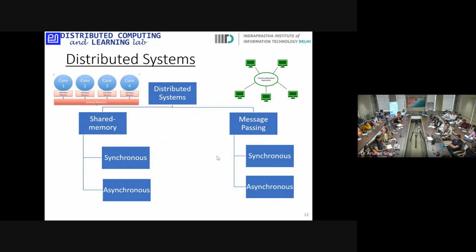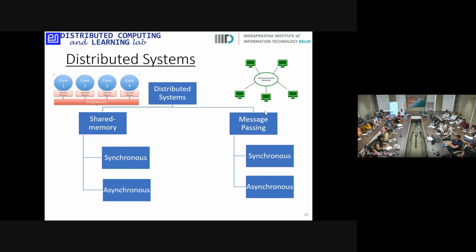The other one is the distributed memory-based system, where you have different computers connected by a communication network. That is a message passing system. Both of them could be synchronous or asynchronous.